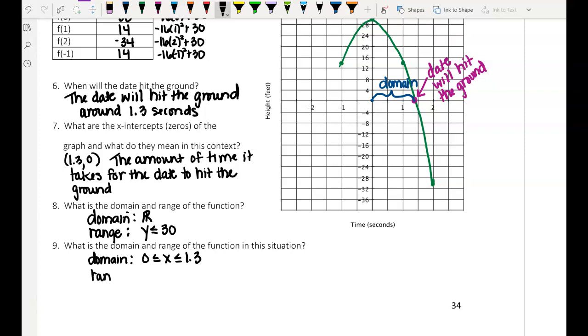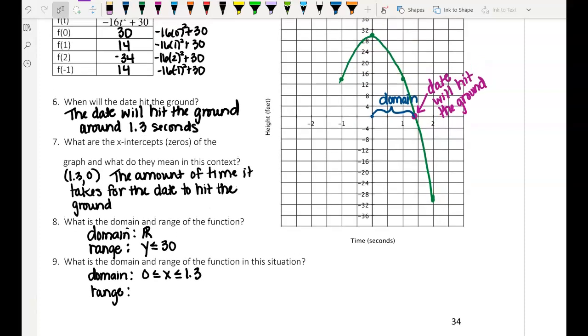And what would be my range in this situation? Can my date go into negative feet? No, my date can't go below ground here. So my range would just be this part of the function.